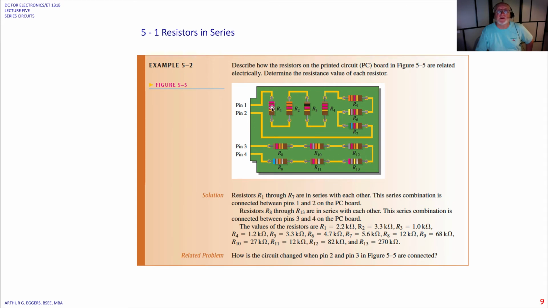So in this case, if we sum resistor 1 to resistor 7, we would end up with the full arithmetic summation for that total. The same thing applies with the second one.